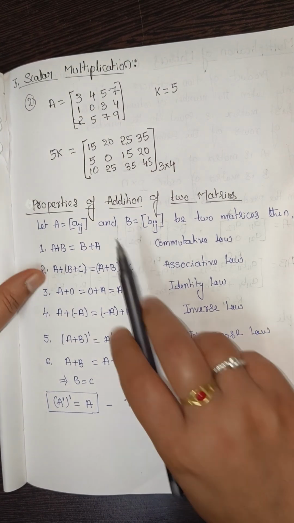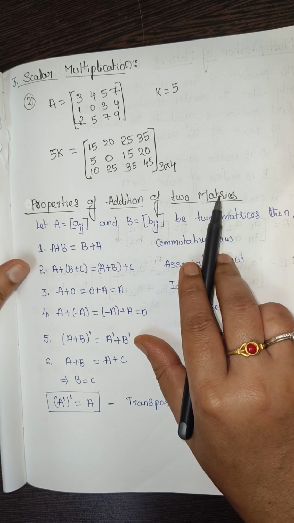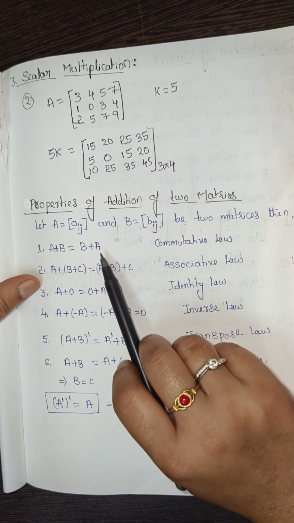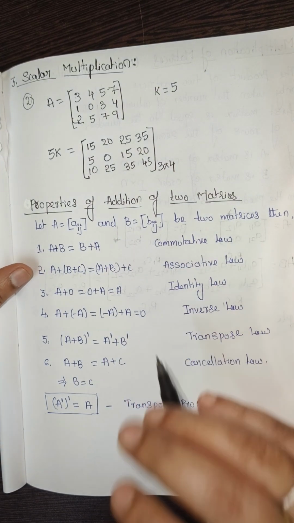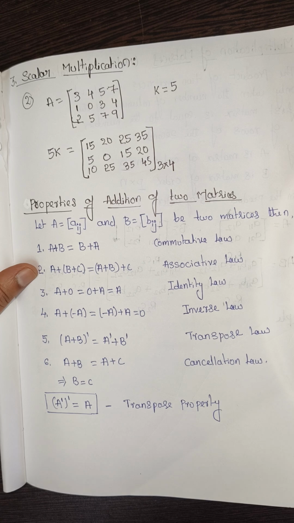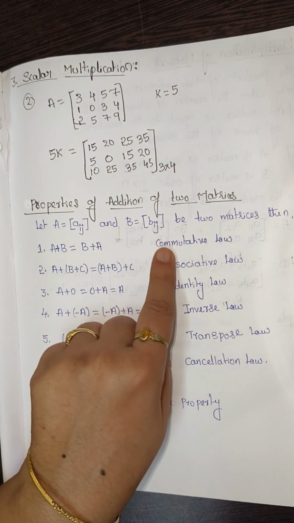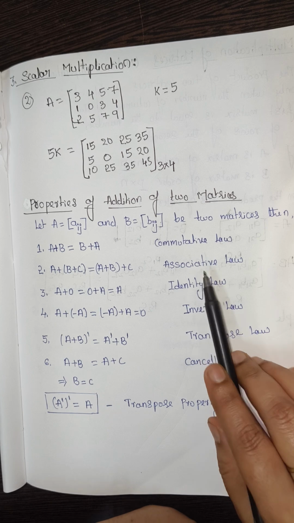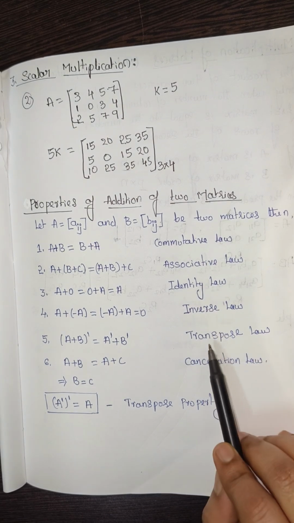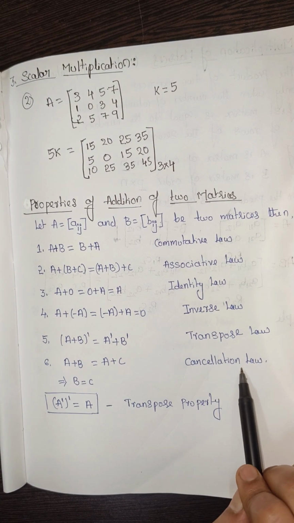Next we will see the properties of addition of two matrices. What are the properties? In set theory also we studied properties, and here also the same. We will see commutative property, associative property, identity law, inverse law, transpose law and cancellation law.